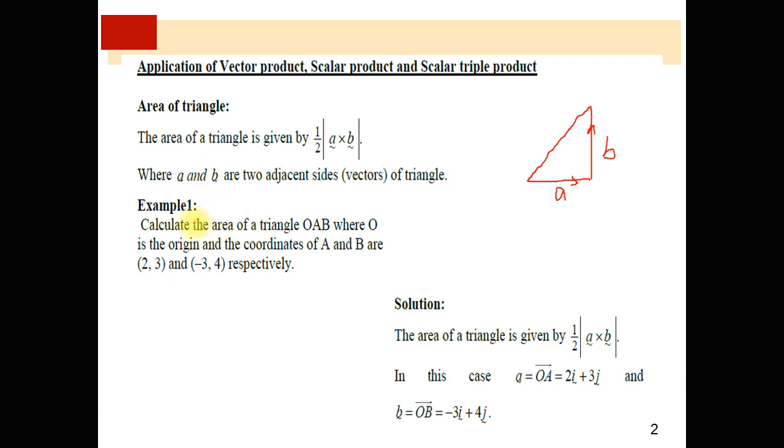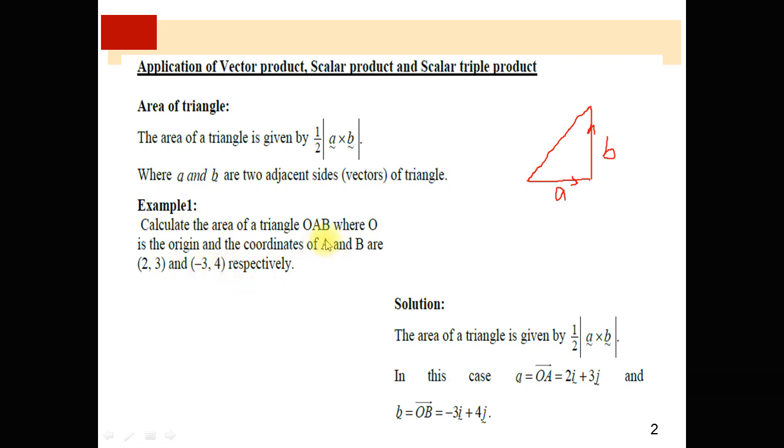For example, we have to calculate the area of a triangle OAB. Suppose we have a triangle OAB, where O is the origin and the coordinates of A and B are 2, 3 and -3, 4 respectively.